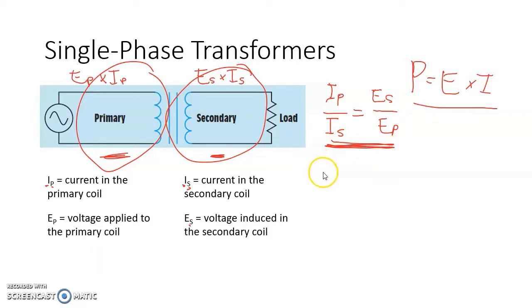So let's do an example. Let's say we have a load connected to the secondary. The load runs on 120 volts, so E sub S, secondary voltage, is 120 volts. And let's say that that load is drawing 10 amps of current. And let's say our primary voltage, that's the voltage applied, is 240 volts.